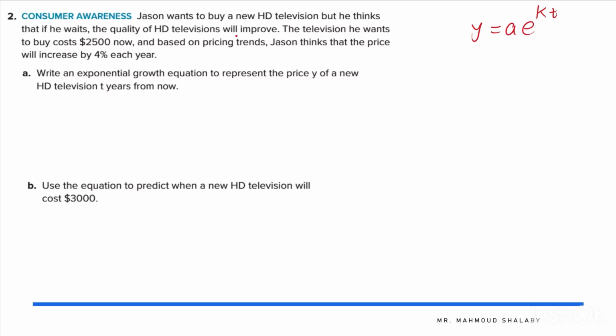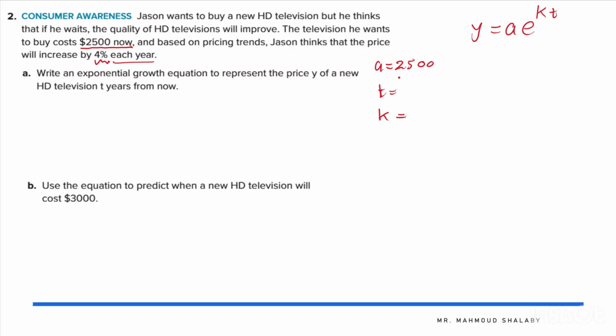Now let's read the question together. Jason wants to buy a new HD television, but he thinks that if he waits, the quality of HD televisions will improve. The cost of the television is 2,500 now, which means A equals 2,500. And based on pricing trends, Jason thinks the price will increase 4% each year. This is the percentage. We said we have A, we have t, and we have k.